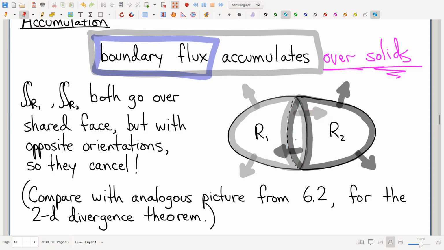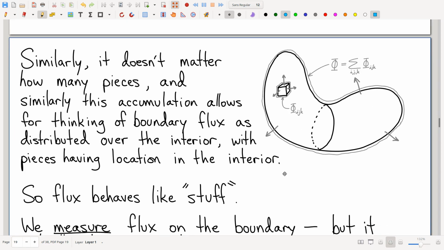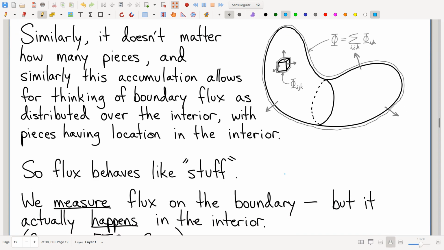And the patterns continue. Now this next part, this is, again, just a matter of point of view. I'm not really going to prove anything here. This isn't a new equation or anything. This is just point of view stuff. But I claim that whenever you have an accumulated quantity, you can view it as being stuff.